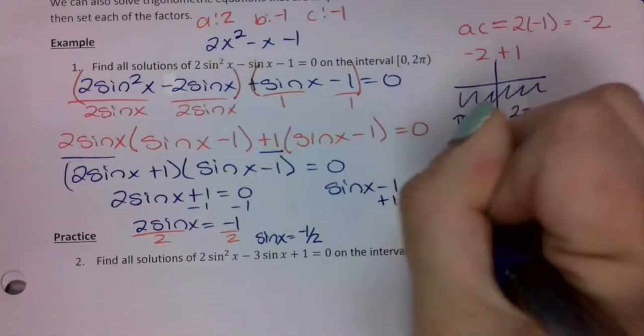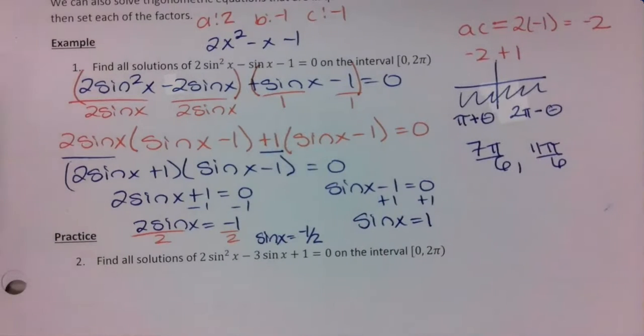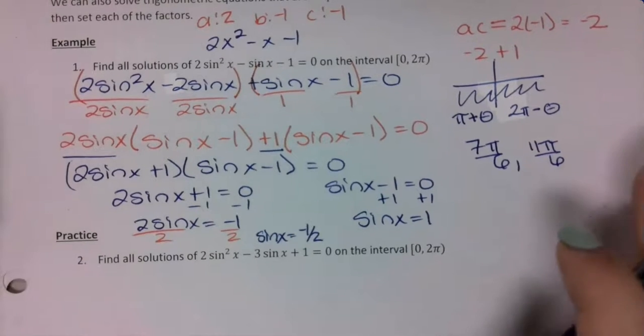On that one, I want to add 1 on both sides. Where does sine equal 1? Pi over 2.